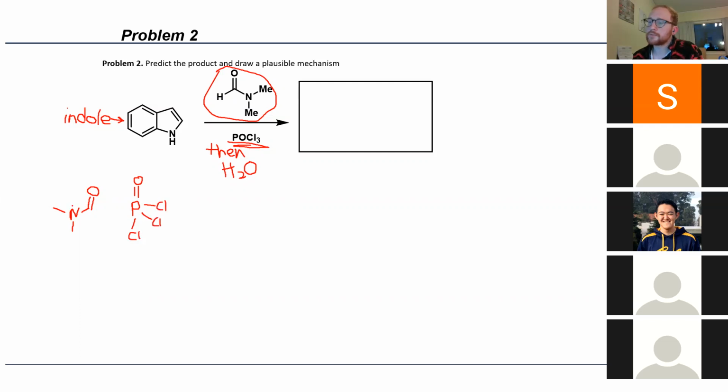And so from the lone pair of DMF nitrogen, we can push to form a bond between oxygen and phosphorus, and the electrons are taken up into oxygen. This reaction is quite favored due to the fact that, once again, we are forming an oxygen-phosphorus bond, which are very strong.